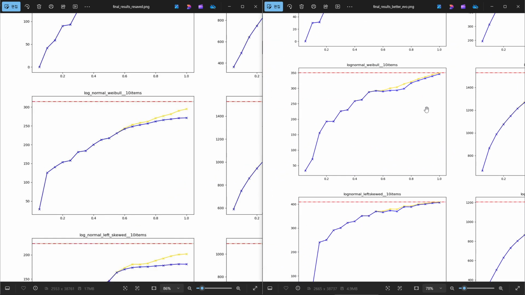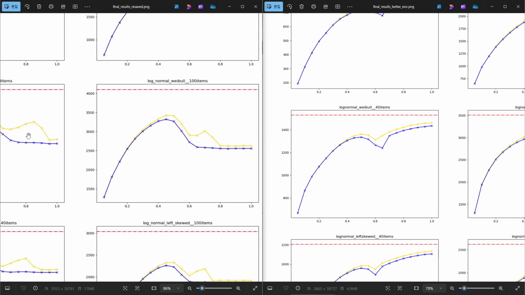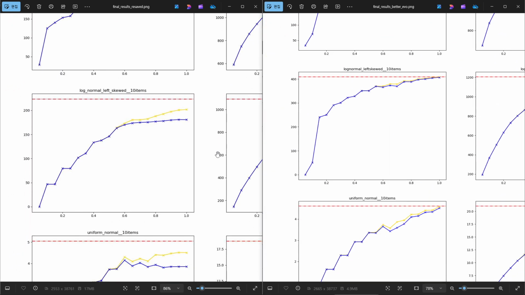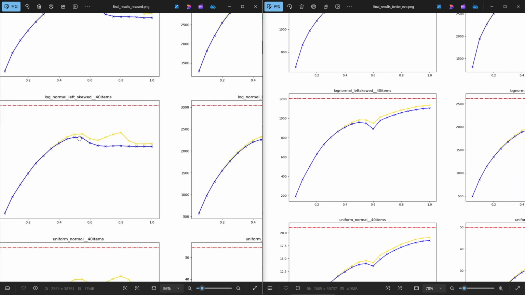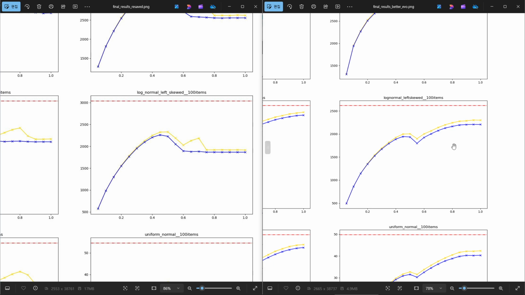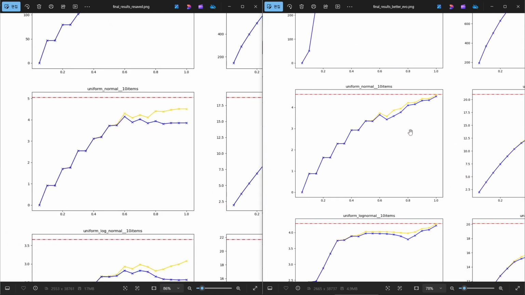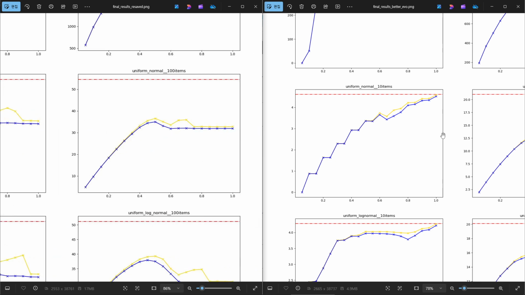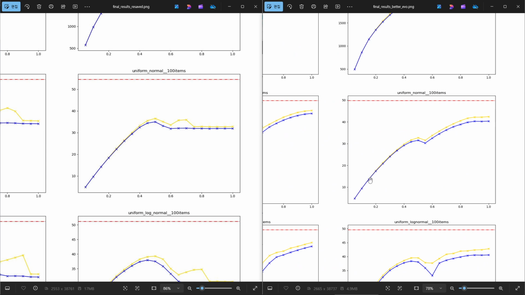Log normal Weibull, 40 and 100. 10 items, log normal left skewed, 100. Yep. Uniform normal. Notice how we keep getting very similar shapes.